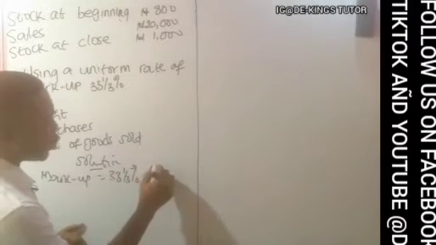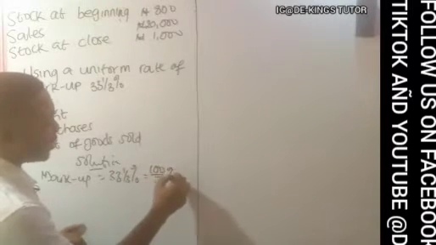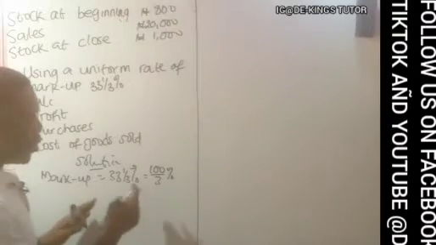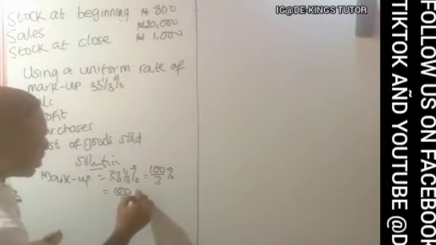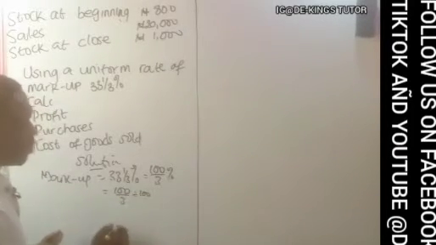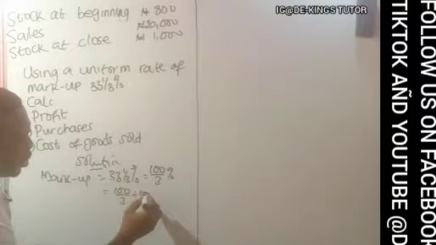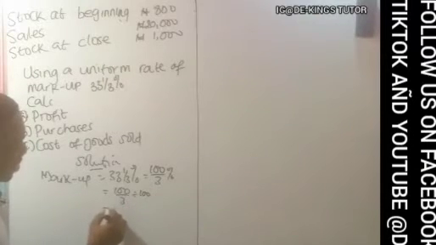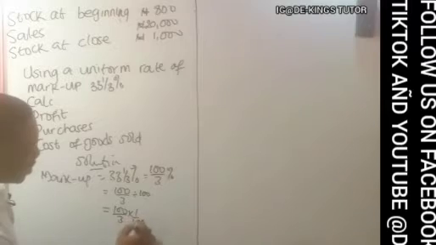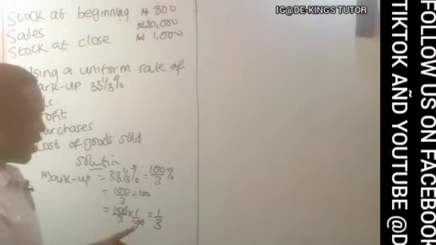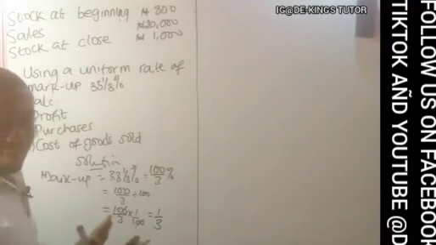So this gives us 100/3%. Now 100/3% can also be given as 100/3 divided by 100. Mathematically we can make this 100/3 times 1/100. Now if this cancels this, our value is 1/3. So the markup is 1/3.